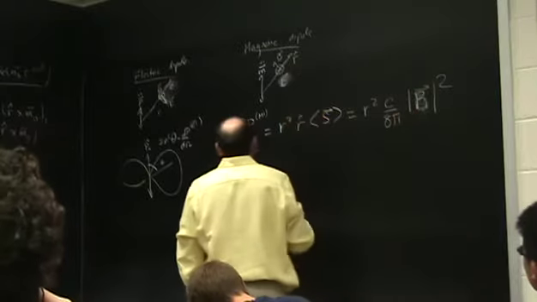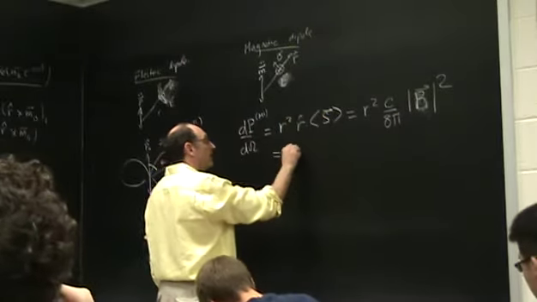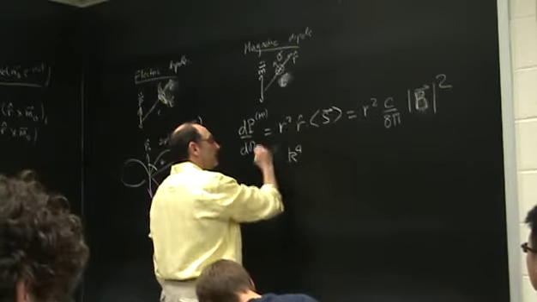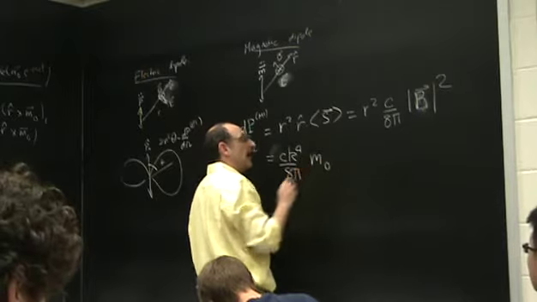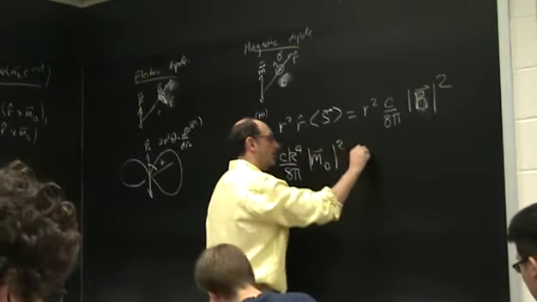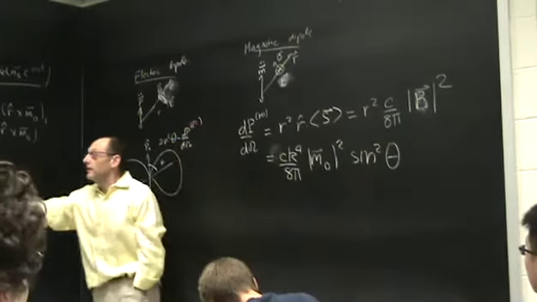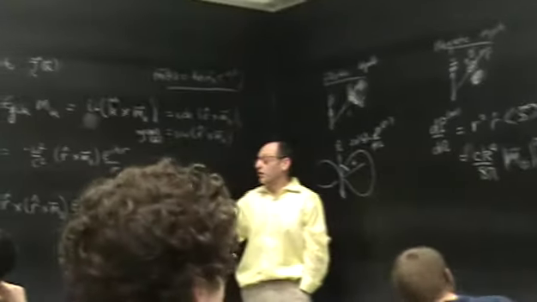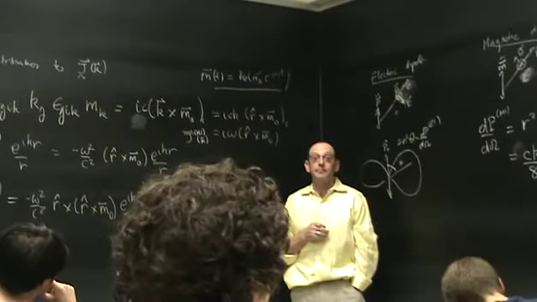This then is equal to k to the 4th c over 8 pi, m naught squared sine squared theta. The transverse component goes like sine theta squared. So it's exactly the same.